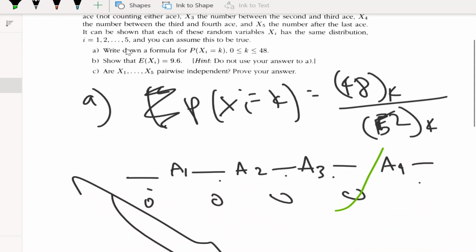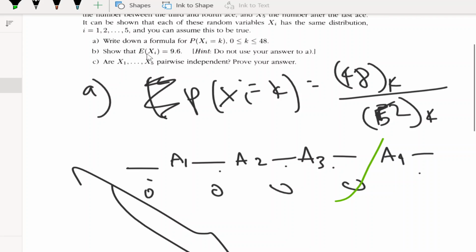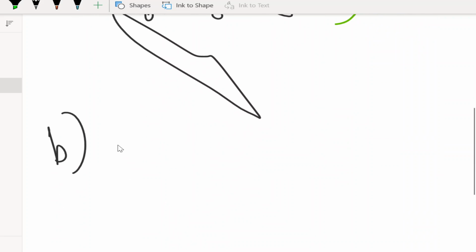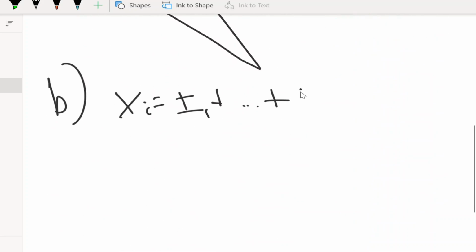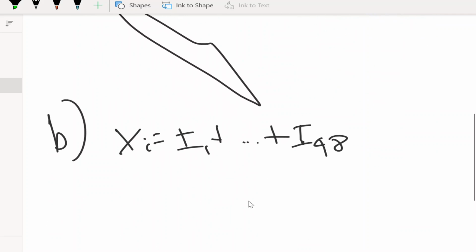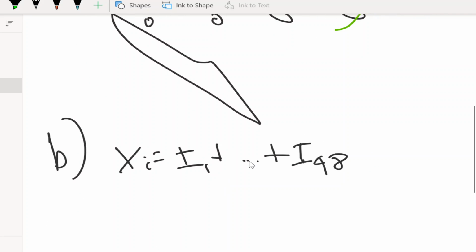Let xi equal I1 plus dot dot dot, all the way up to I48, where each of these indicator variables indicates whether one of the 48 non-ace cards is in that slot xi.